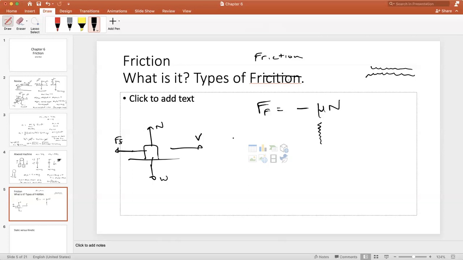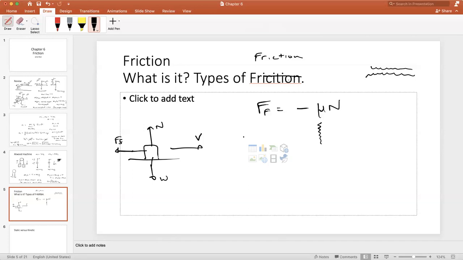When we do energy, friction is going to come up again in its own special case, because friction actually takes work out, it takes energy out of the system. But in the Newtonian formulation, it's just another force. It has a magnitude of mu n. There's actually two different types of friction that we're going to talk about next.